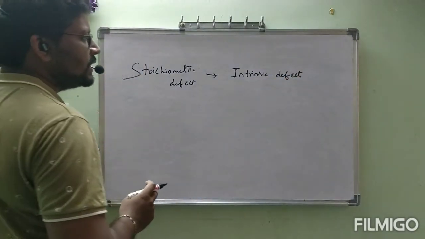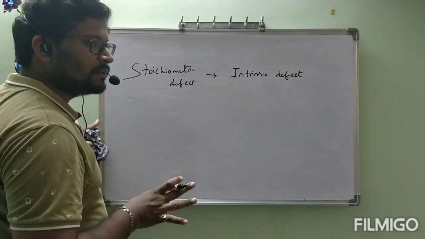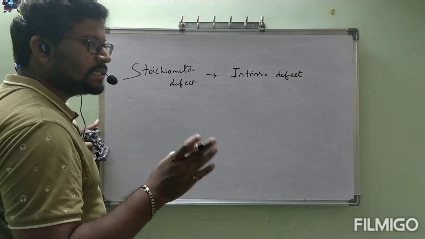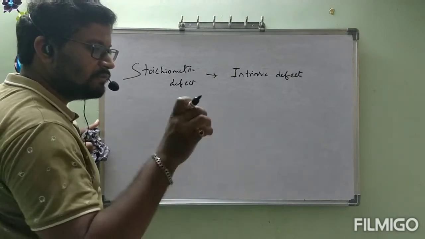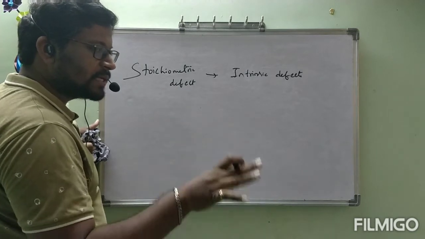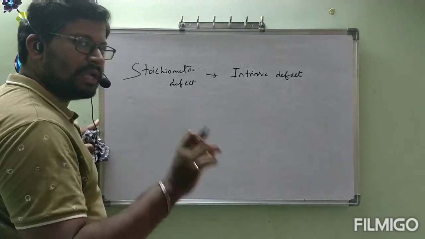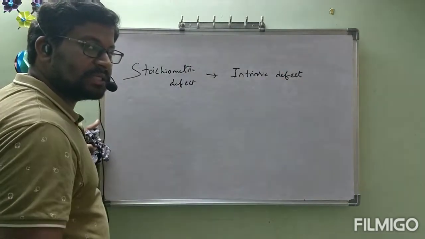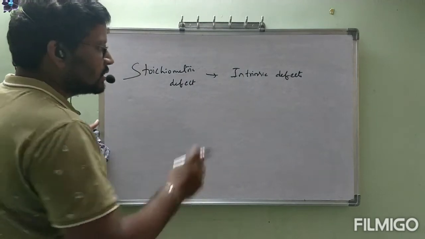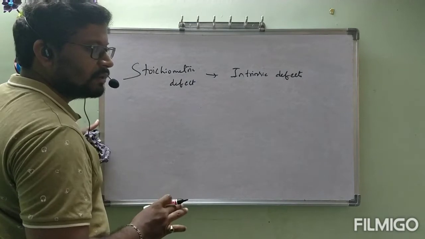Intrinsic means no foreign substance is involved. We have seen vacancy, Frenkel, Schottky, interstitial, whatever it is. If you take NaCl, only Na plus particles and Cl minus particles are involved. If you take AB, only A particles and B particles are involved. No other substance is involved. That's why this is called intrinsic defect or thermodynamic defect. Both are the same.